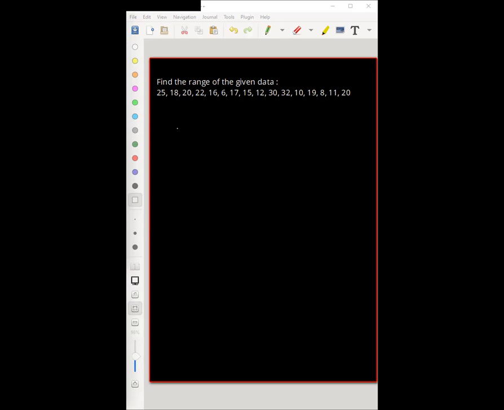Find the range of the given data. Again, go through the steps. If you don't know how to solve it, refer to the notes. Don't give me a wrong answer. I have specifically told you the series of steps involved.